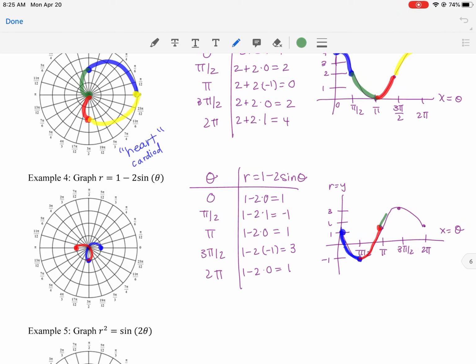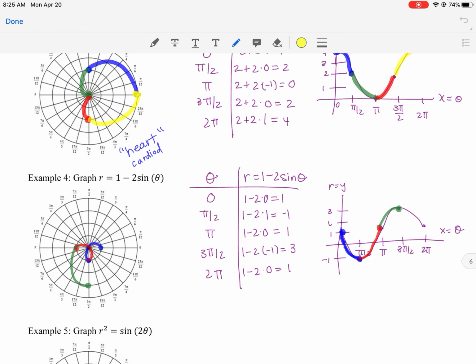The next part here is going to a radius of 3 at 3 pi halves. So a radius of 1, 2, 3 at 3 pi halves is going to be down there. So we're going to connect it to here.